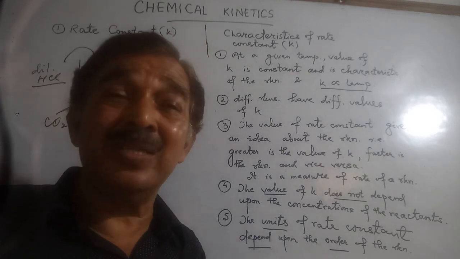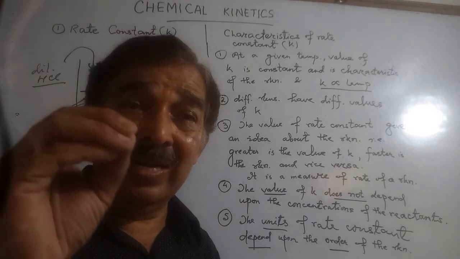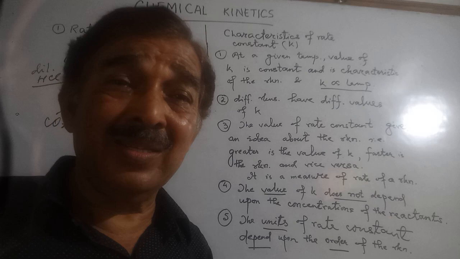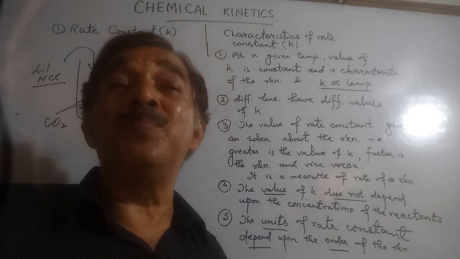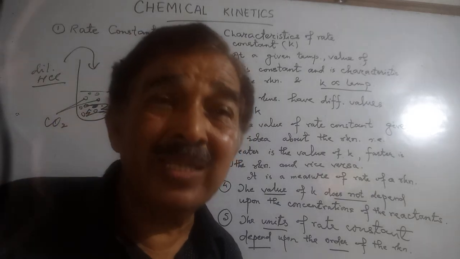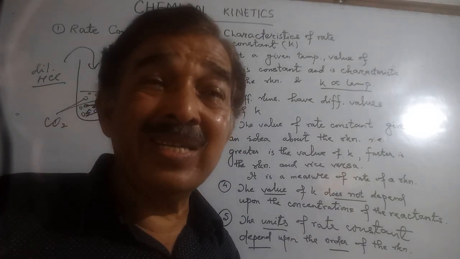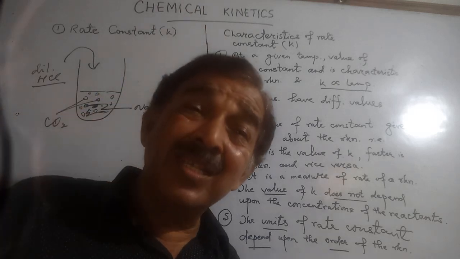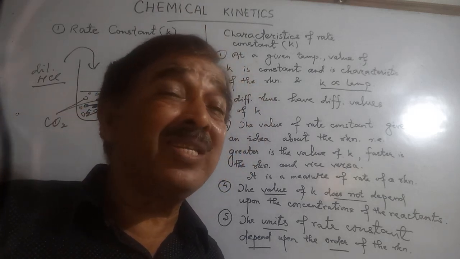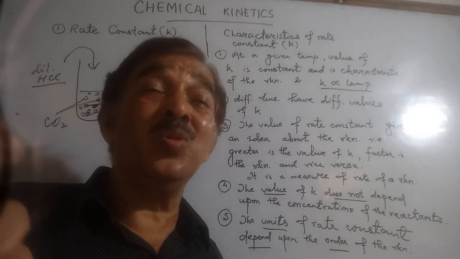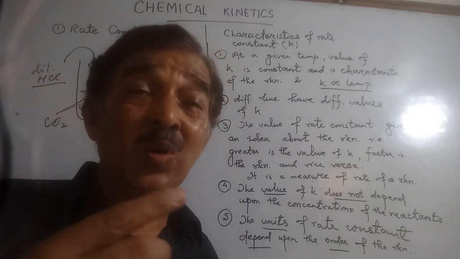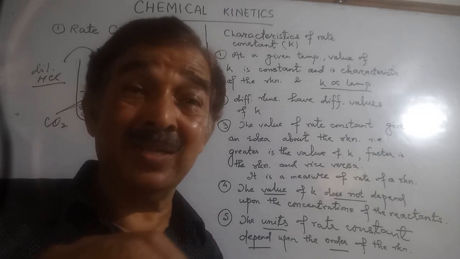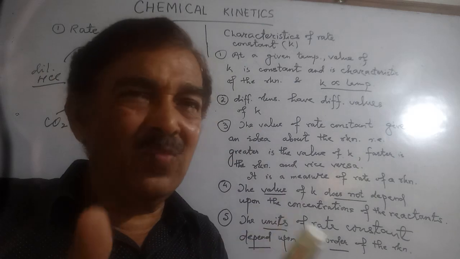According to the law of mass action, at a given temperature, the rate of a reaction is directly proportional to the product of the molar concentrations of the reactants, with each concentration term raised to a power equal to its stoichiometric coefficient as appeared in a balanced chemical equation.